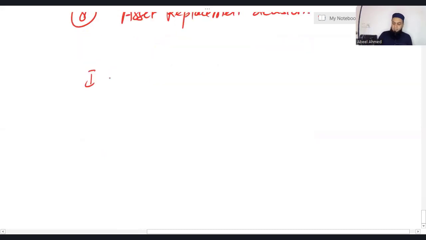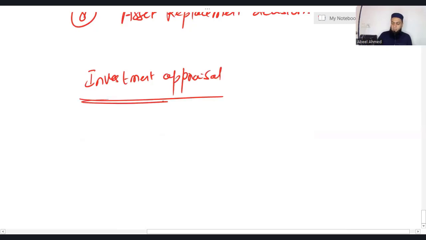The first technique we are starting is NPV, net present value. Before starting NPV, we need to know a few basic things. Then slowly and gradually we'll come to NPV, inshallah.